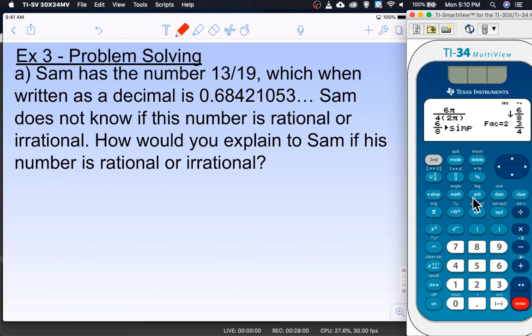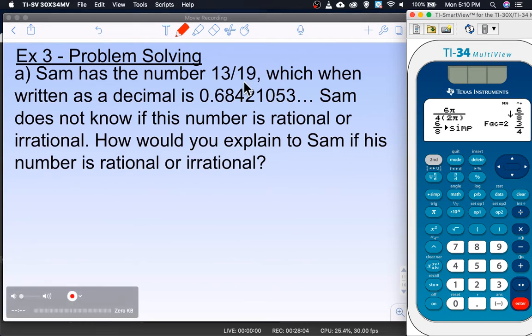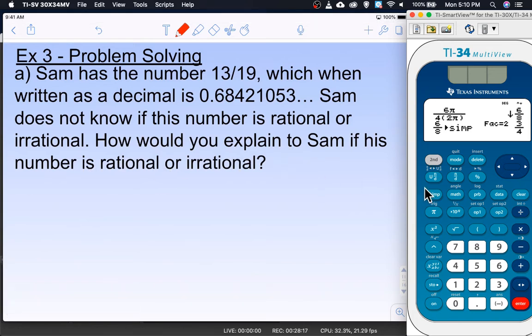Here it says Sam has the number 13/19, which when written as a decimal is 0.68421053. Sam does not know if this number is rational or irrational. How would you explain to Sam if his number is rational or irrational?